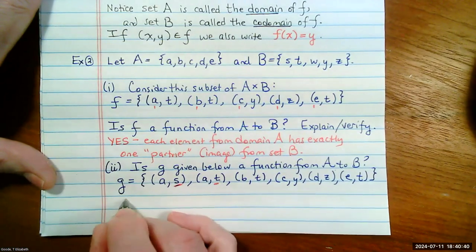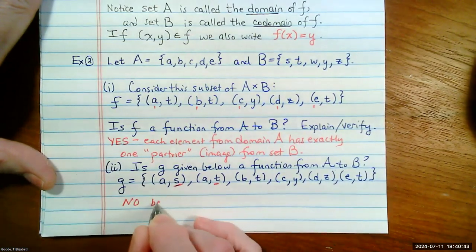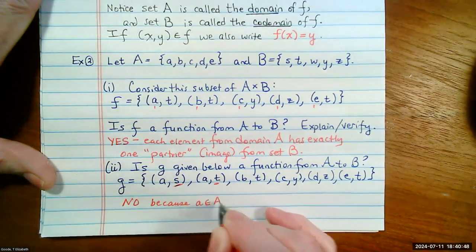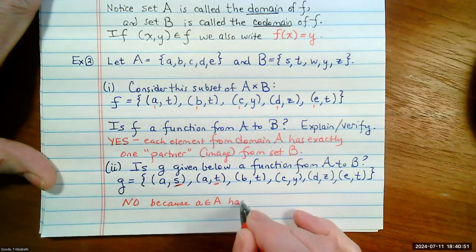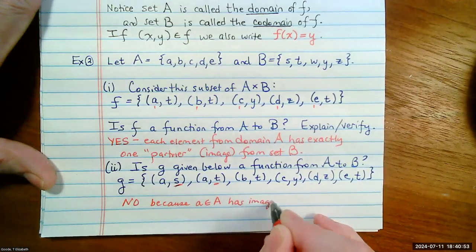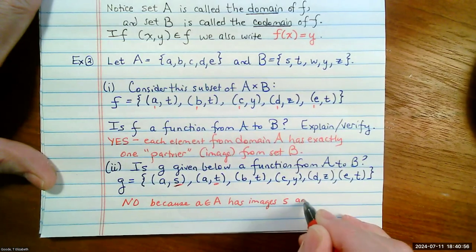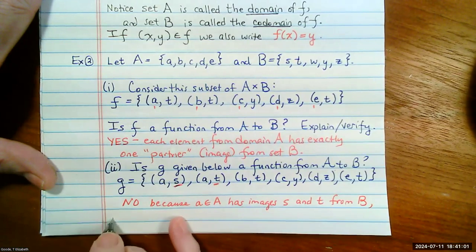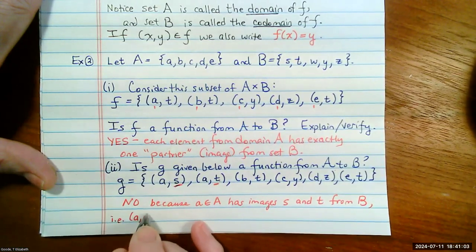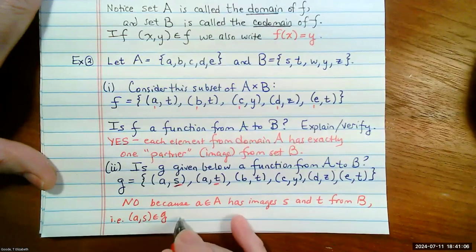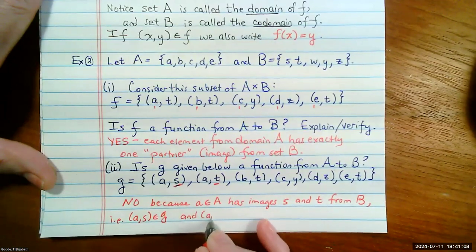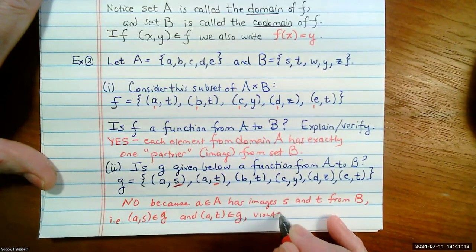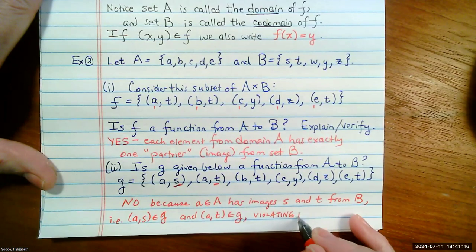So the answer is no, because the element little a in A has images s and t from B, i.e. (a, s) is in G and (a, t) is in G, violating part 2 of the definition of a function.